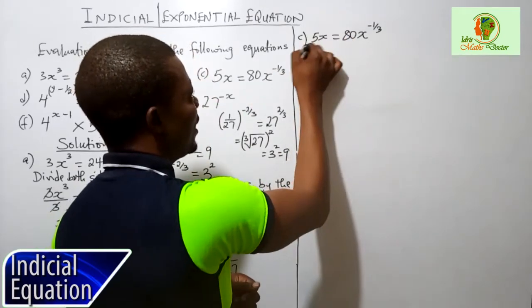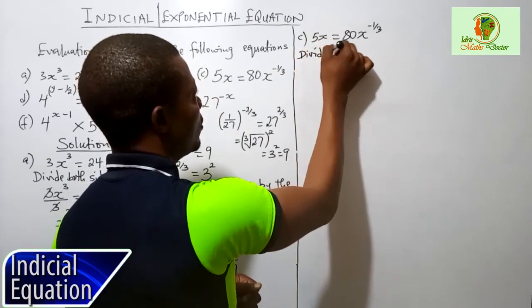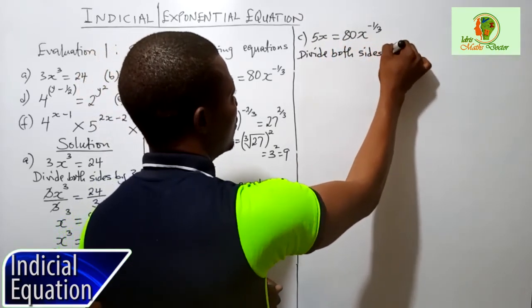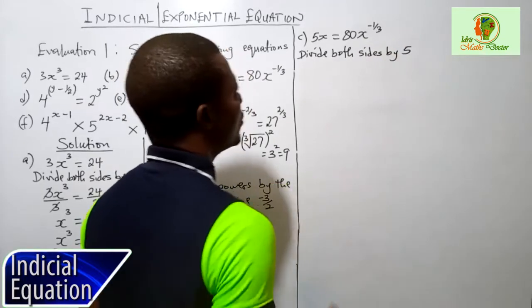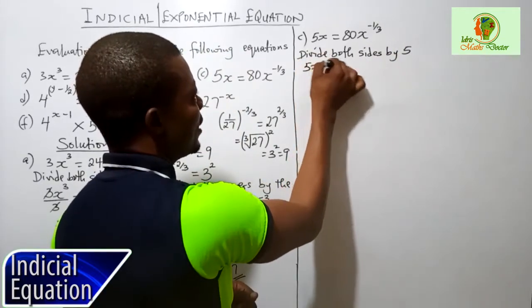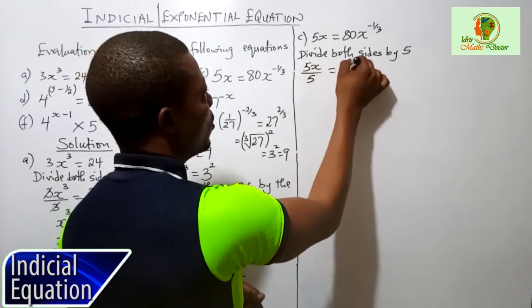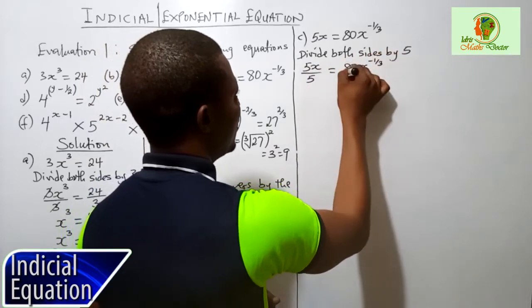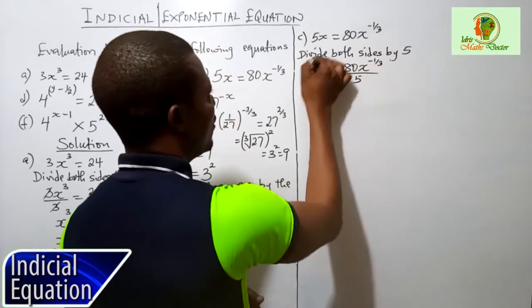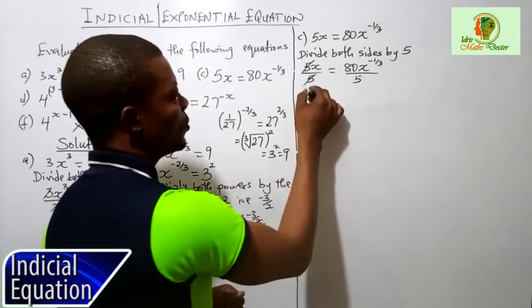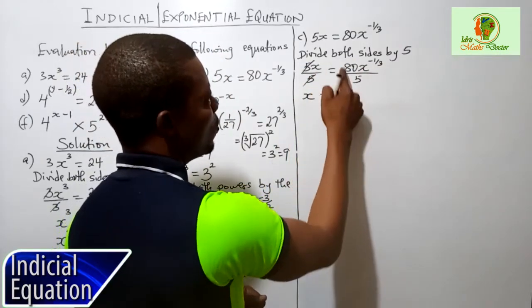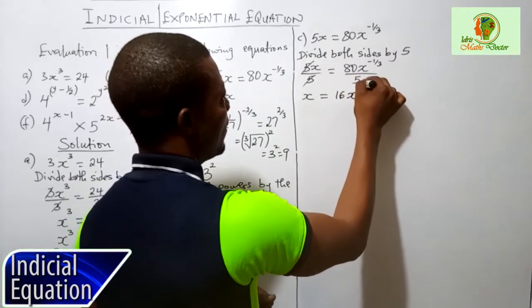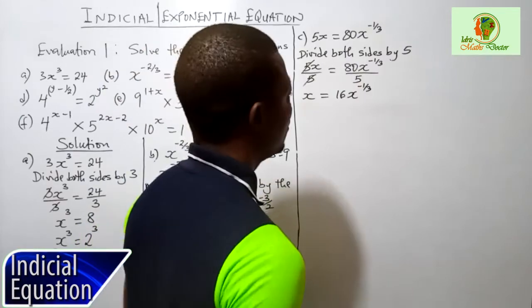So we divide both sides by 5. That will give us 5x all over 5 equal 80 x raised to power minus 1 over 3 all over 5. 5 will cancel out 5. We therefore have x equal 80 divided by 5 is 16, x raised to power minus 1 over 3.